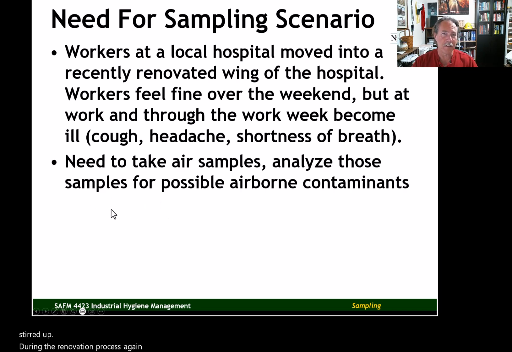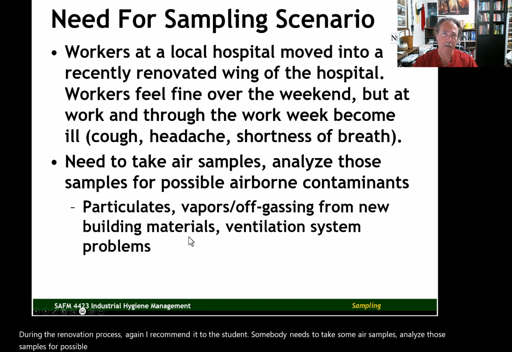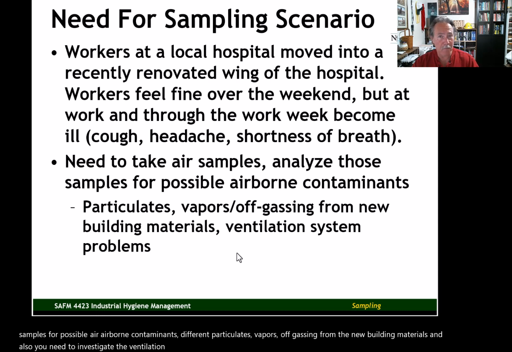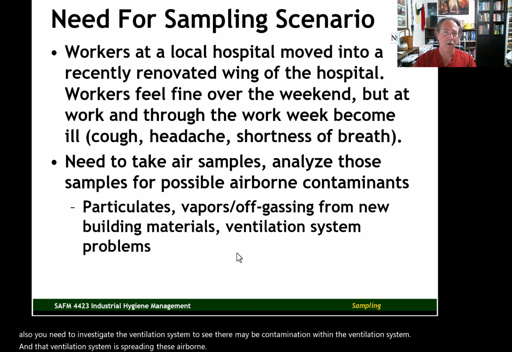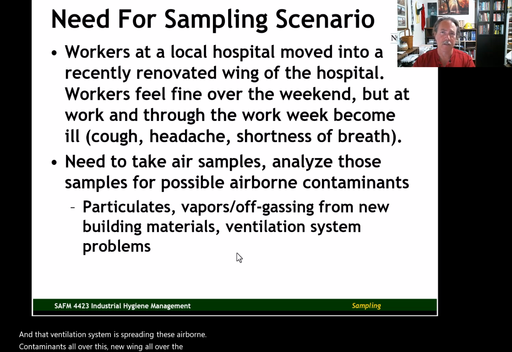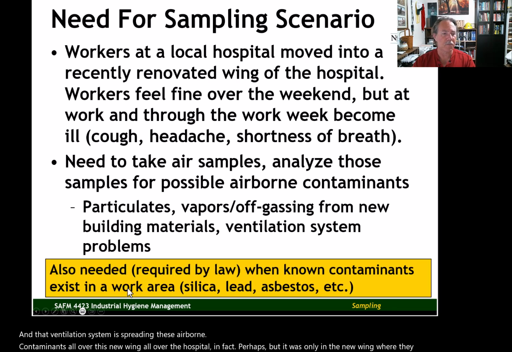I recommended to the student that somebody needs to take some air samples and analyze those samples for possible airborne contaminants: different particulates, vapors, off-gassing from the new building materials. Also, you need to investigate the ventilation system, as there may be contamination within it, and it may be spreading these airborne contaminants all over this new wing, perhaps all over the hospital. But it was only in the new wing where they were experiencing the symptoms.